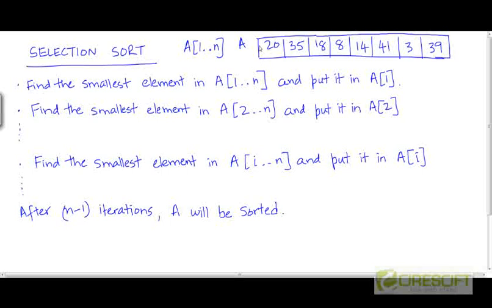So we know that in the sorted output, the smallest element should appear in the first position. So what we did was we picked the smallest element in the whole array and put it in the first position. What this means is if it was not already in the first position, we simply swap it with whatever is in the first position.